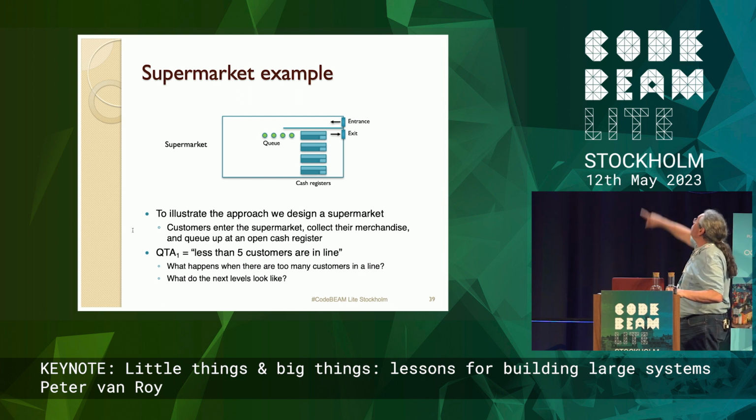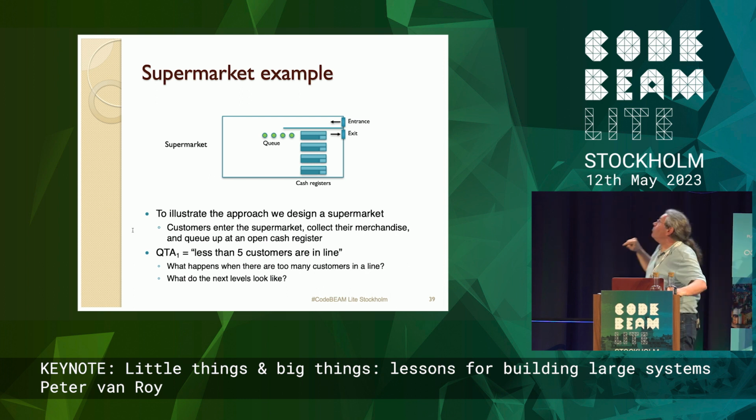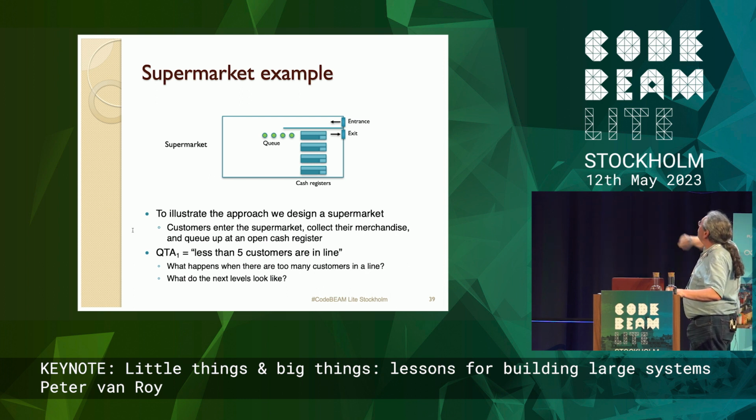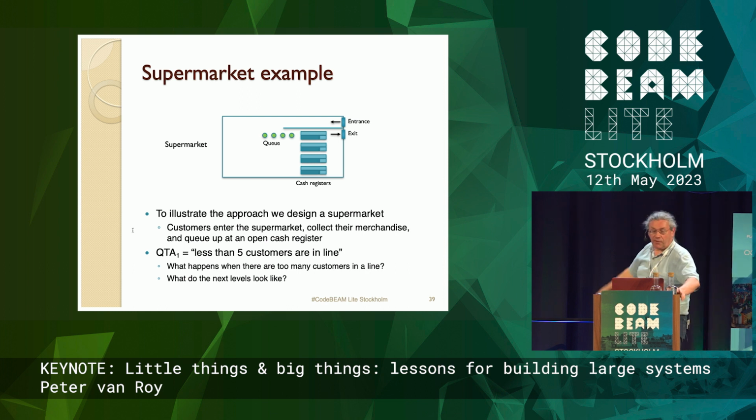Supermarket. Here we have a supermarket, entrance, 4 cash registers, you have a queue of people. So the little green dots are people waiting, customers that queue up. So the QTA is less than 5 customers in line, okay? So what happens when you have too many?